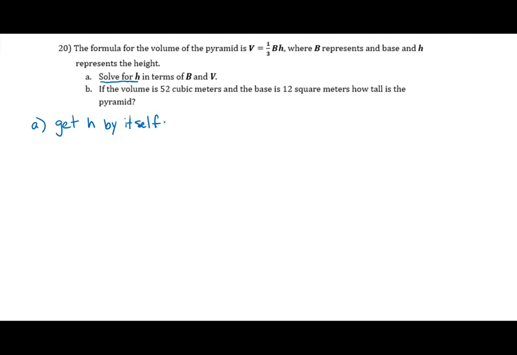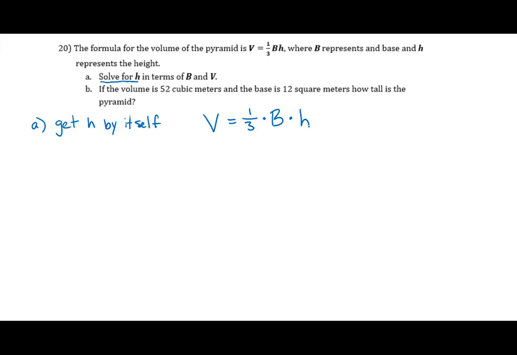The equation is given. We've got volume is equal to 1/3 times, and I'll put a multiplication sign here, it's not necessary, 1/3 times the area of the base times the height. So we want to get H by itself.